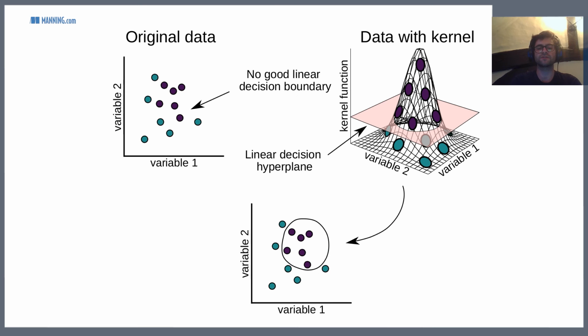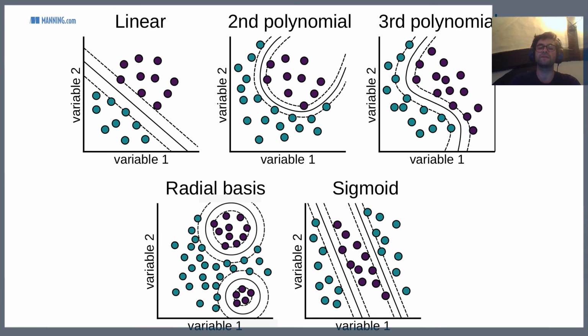I already mentioned that the SVM algorithm uses a kernel function to deform or stretch the feature space into a new dimension that helps separate the cases. How the feature space is deformed and what kind of shape the feature space is deformed into depends on what kernel function we choose. There are a few different kernel functions that are available to us, and these are some of the most commonly used ones.